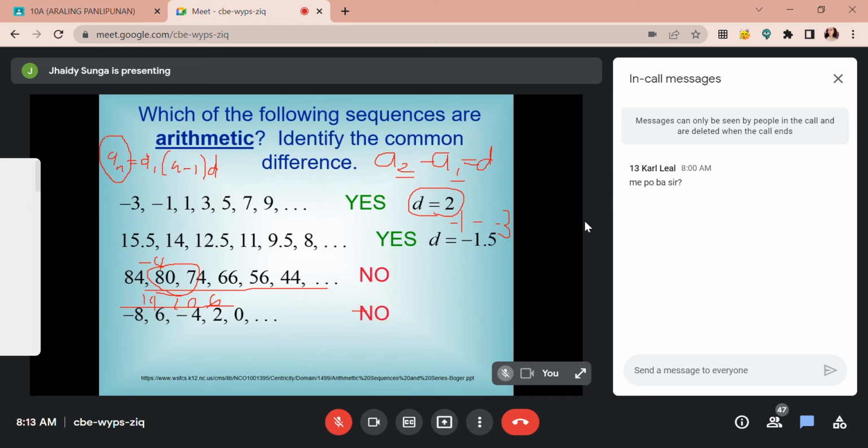So for the last example, let us have Mamaril. Tell me if it's arithmetic or not, and what's the common difference.